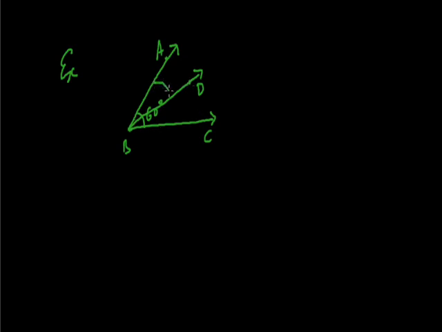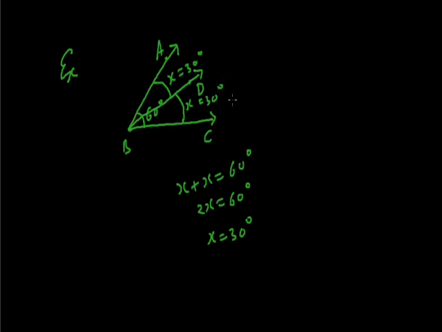So it means if this angle is X, so this should be angle X, and we know that this angle X plus this angle X should be equal to 60 degrees. X plus X is equal to 60 degrees, or you can say 2X equals 60 degrees, or we can say X equals 30 degrees. So this angle should be 30 degrees, this should be 30 degrees. It means the angle bisector divides the given angle into two equal parts.